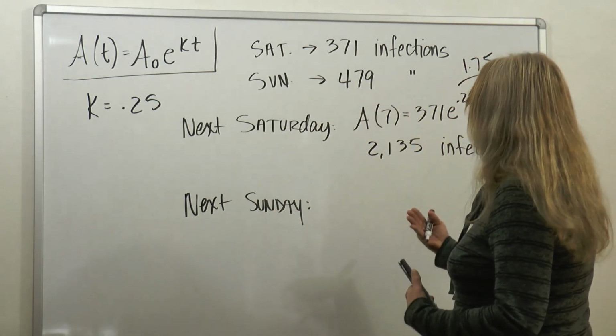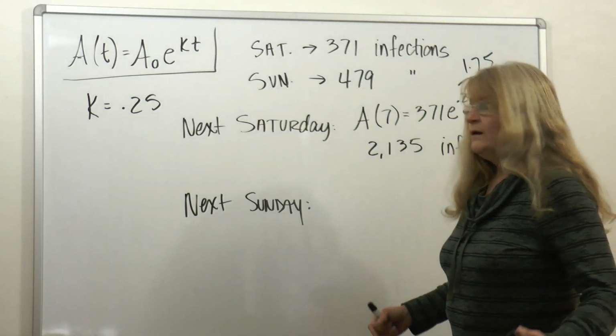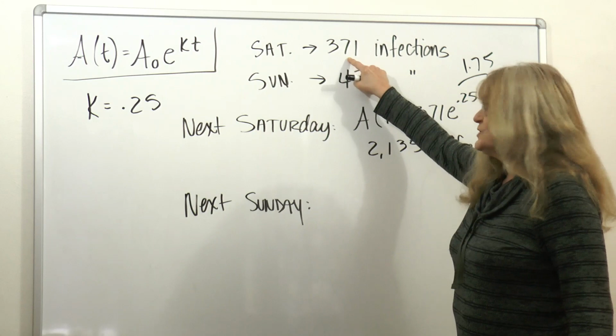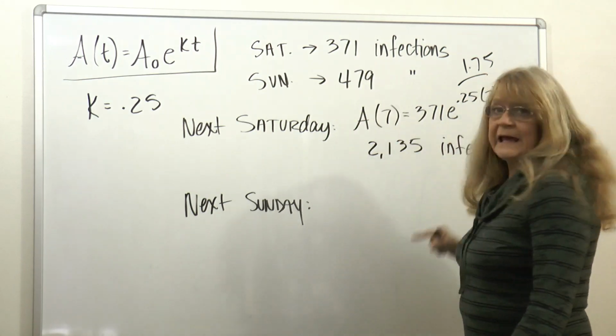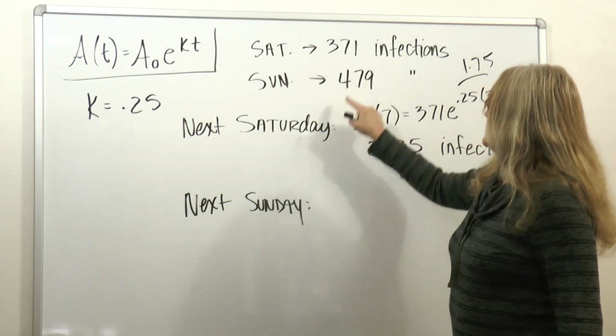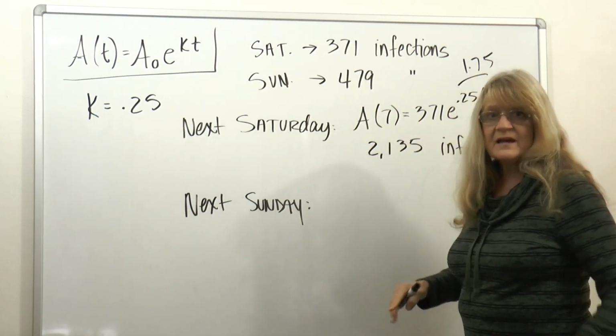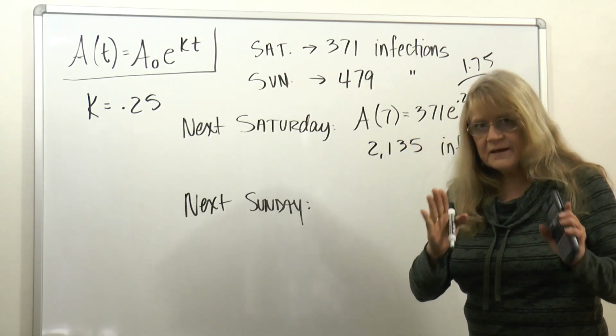Okay, so now you have two choices. We can use this as my a sub naught, in which case my t would be 8 days. Or I can use this as my a sub naught and my t would be 7 days. Either one, but you want to be consistent.